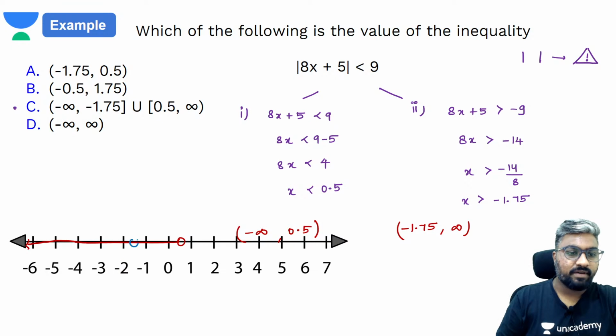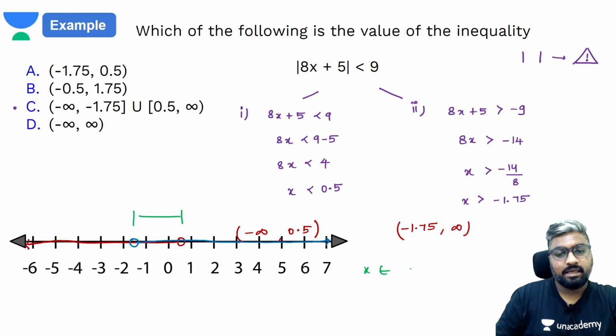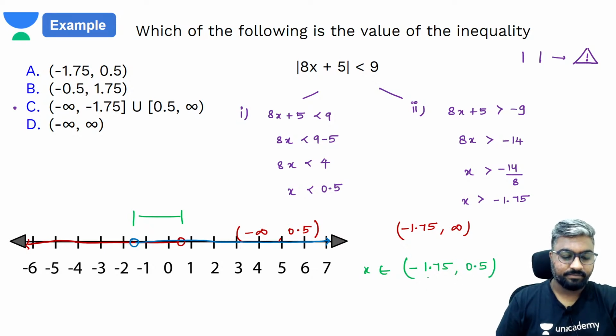Minus 1.75 will be here, from here all the way till here. Yes, so what is common between them? Common is this zone. Yes, so x can take up any value that is greater than minus 1.75 but has to be less than 0.5. Are you getting this, guys?